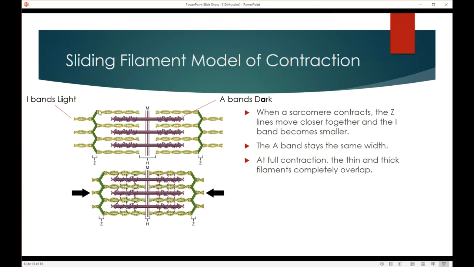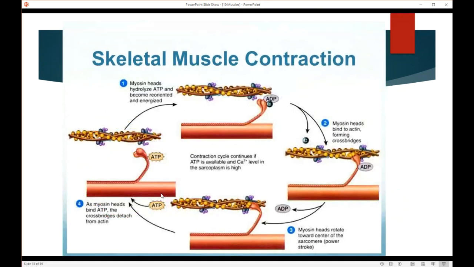The light bands we also call actin, and the A bands are dark, we call myosin. When the sarcomere contracts, the Z lines are going to move closer together and the I band becomes smaller. The A band is going to stay the same width. At full contraction, these thin and thick filaments are going to totally overlap one another.